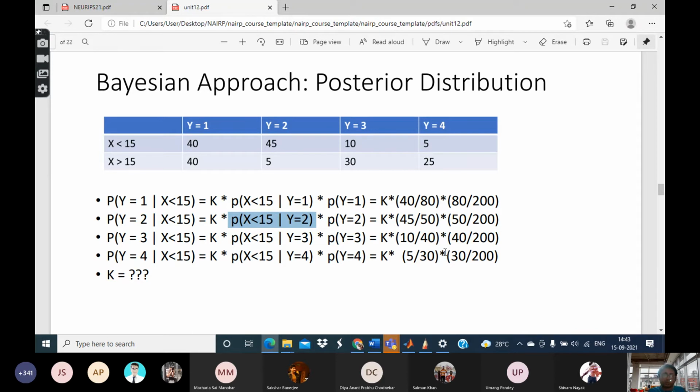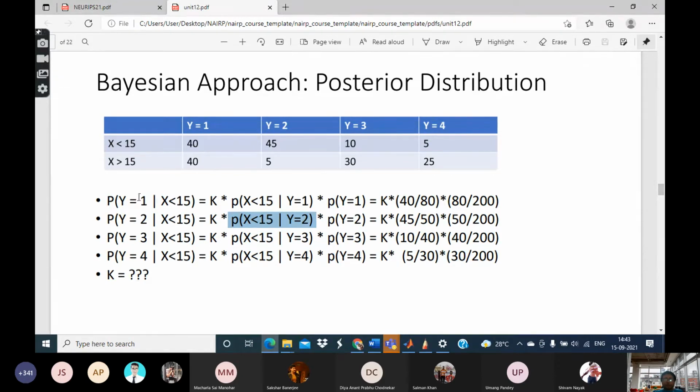So basically, all these quantities you are able to easily calculate just by looking at the data and just counting. You can estimate all these relative frequencies, and thus you get all these probability values, except for this proportionality constant k.